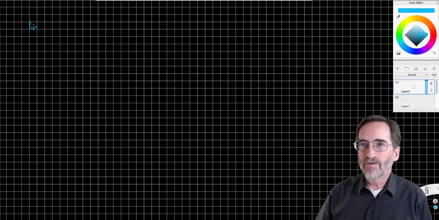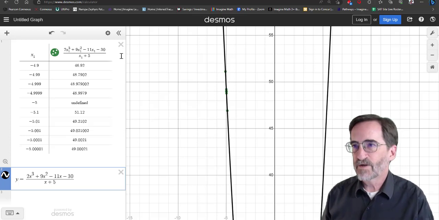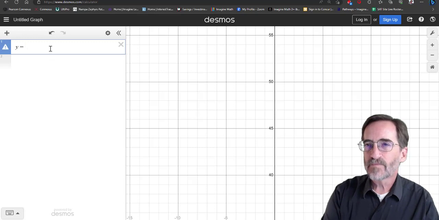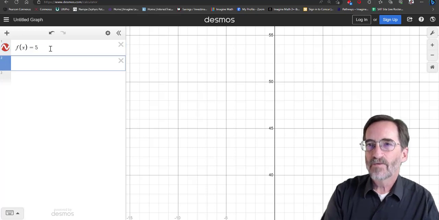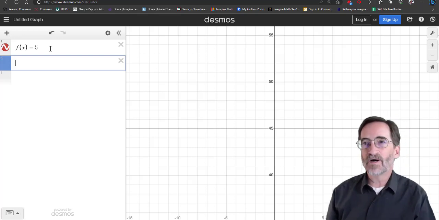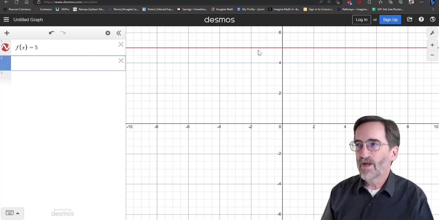If you want to find the limit as x approaches a of a constant, this is the first one, then that limit is that constant. In other words, let me go to Desmos here. If I say f of x equals a constant like 5, then the limit as x approaches any value is going to be 5, because the function value is always 5, regardless of what x is.